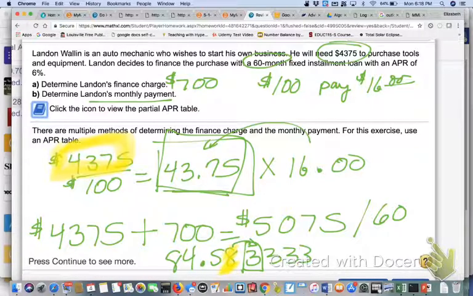So because this number is a 3, that means that we keep the 84.58 the same. So our final total, remember the little squiggly equal sign that I'm drawing here means approximately. So his payment is going to be approximately $84.58. So right here is what his final monthly payment is going to be. So we've just answered part B of the problem.